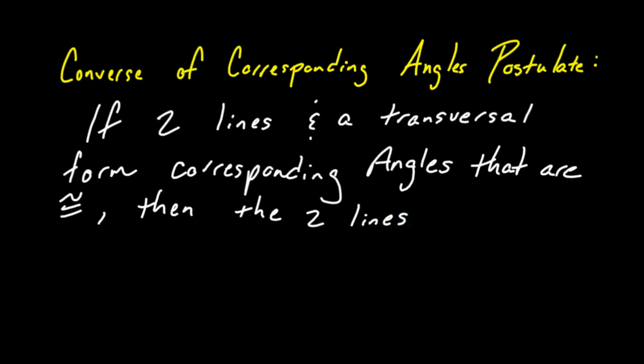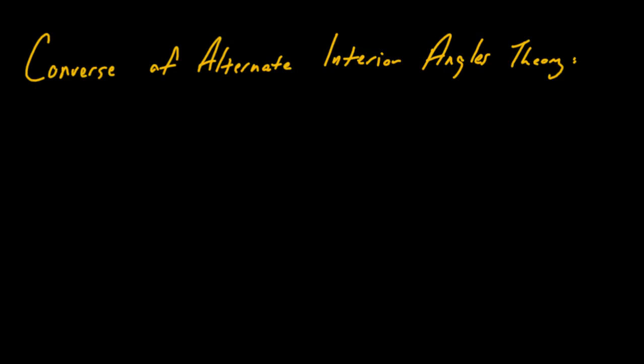So before we had if two lines are parallel, then corresponding angles are congruent. This time around we're going to flip it and say if two corresponding angles are congruent, then you have parallel lines. All right, the converse of the alternate interior angles, same idea. We're going to write out the full definition for these.